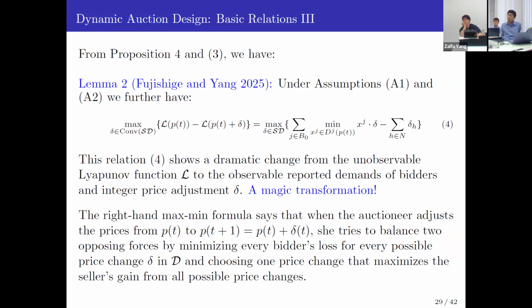So basically it means that every bidder tries to minimize his payment for any price change, and then the seller wants to have the price change which gives her the highest revenue. So there's a perfect compromise between the seller and the bidders. So this is nice. Actually, I still feel this is a beautiful transformation, from unobservable information to observable information.